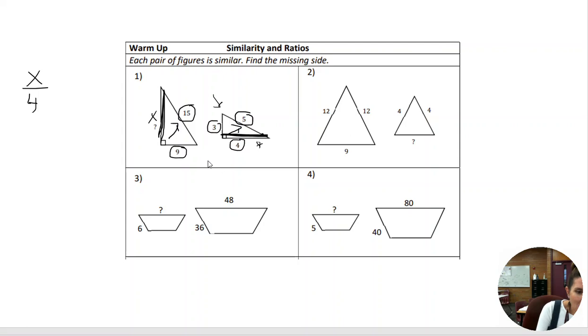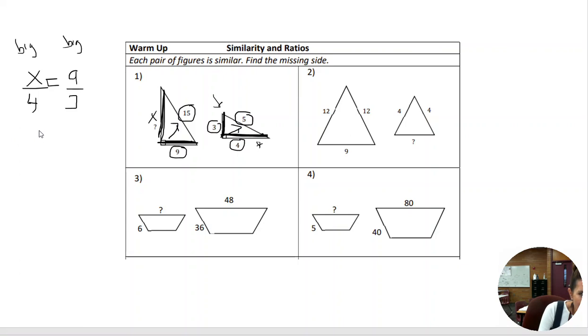And then we could use the shortest side of the bigger triangle and the shortest side of the smaller triangle. So that would be 9 over 3. So just remember that we did big to small, right? So we have to make sure on this one that we also do big to small. Okay, so that gives us a proportion.